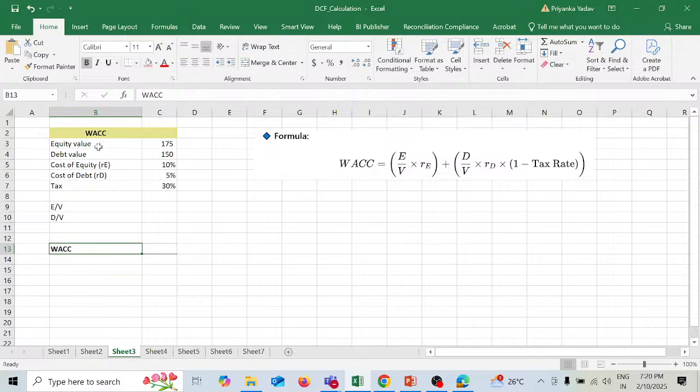So for this we have got certain assumptions. I've got equity value, debt value, cost of equity is 10%, cost of debt I've got 5%, and tax rate is 30%.